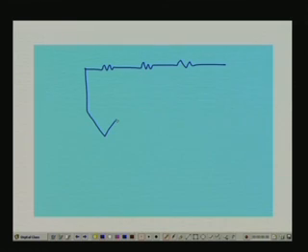Let me draw the circuit again, so that it will be more clear. So, we have R1, RG, R2 connected to the thermocouple and the galvanometer.